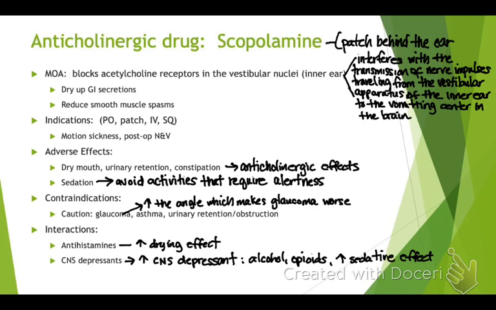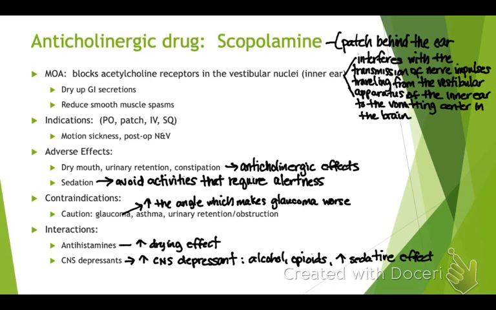It interferes with the transmission of nerve impulses traveling from the vestibular apparatus of the inner ear to the vomiting center in the brain. So that's how it works. It dries up all GI secretions and helps to reduce smooth muscle spasms, and that's how it will help to decrease the stimulation of the trigger zone and reduce vomiting.